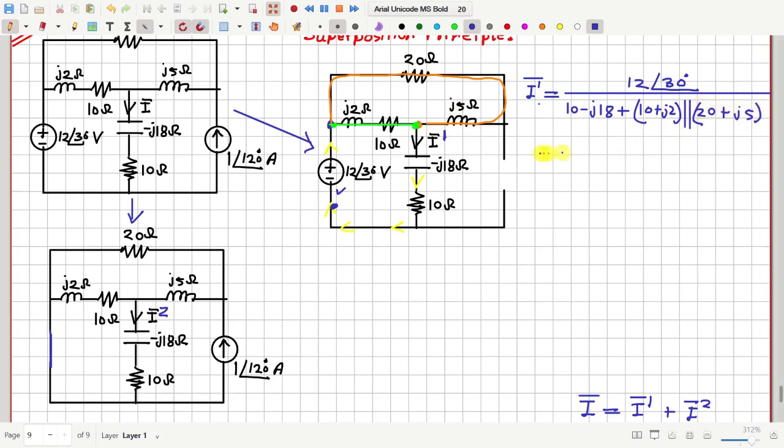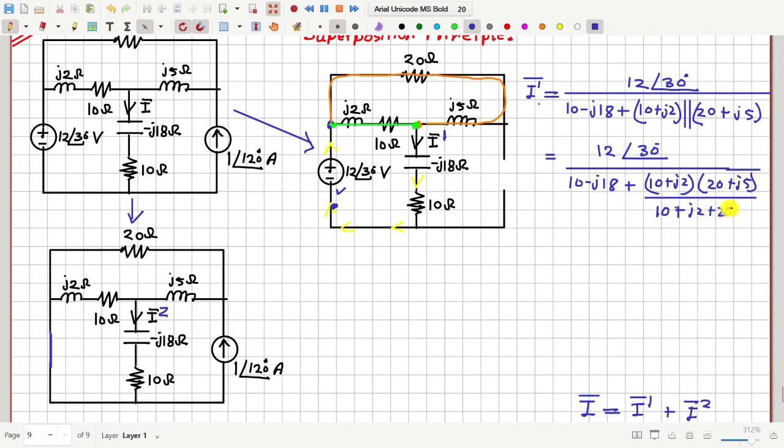So this will be same as 12 angle 30 degree whole divided by 10 minus J18 plus 10 plus J2 into 20 plus J5 divided by 10 plus J2 plus 20 plus J5.